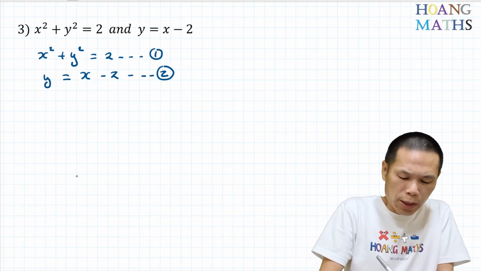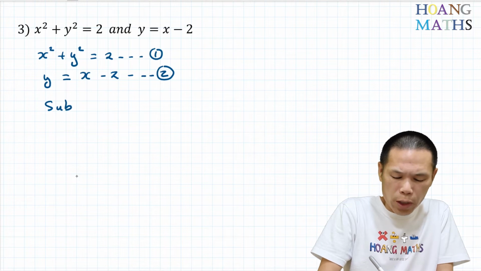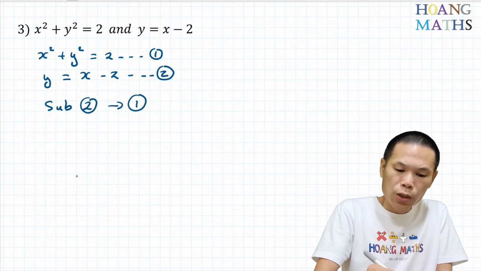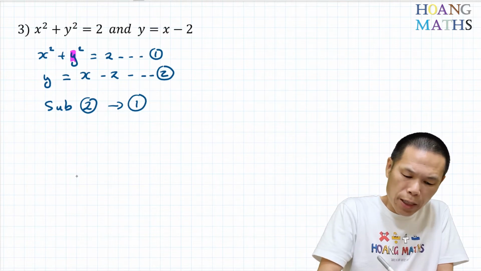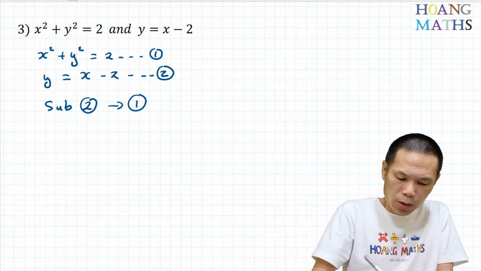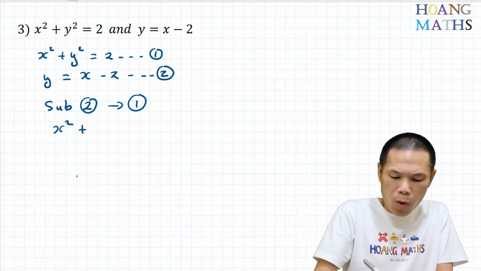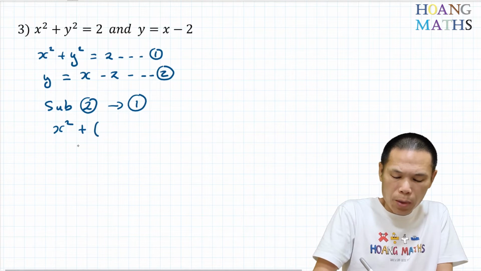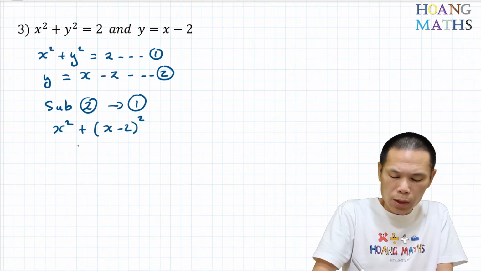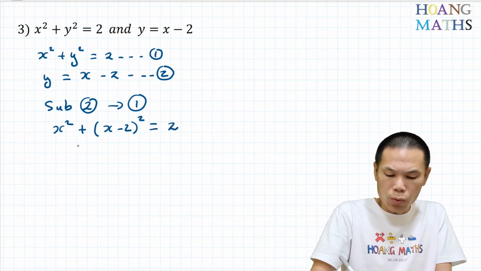This y here is x minus 2, so we have x squared plus (x minus 2) squared is equal to 2.